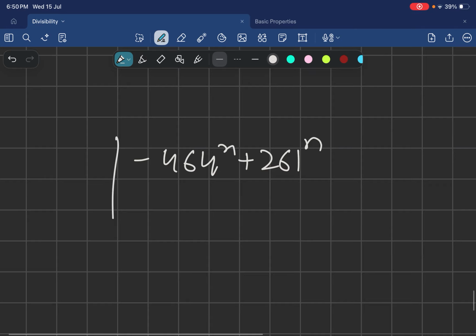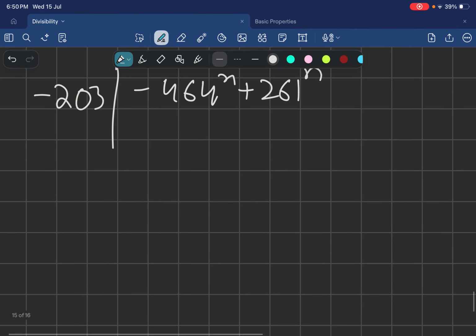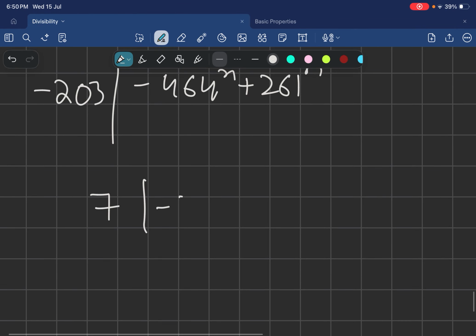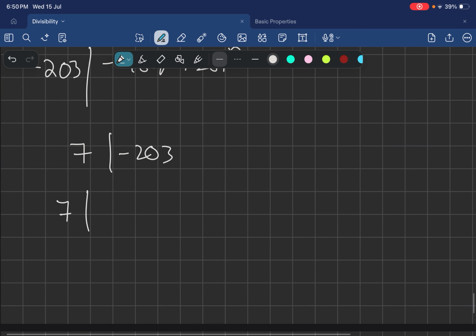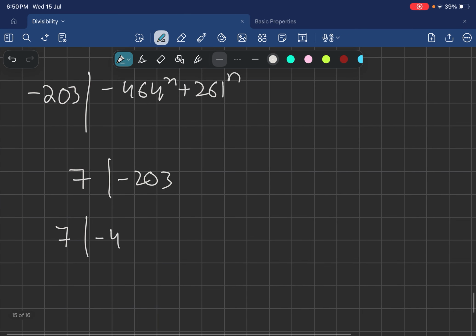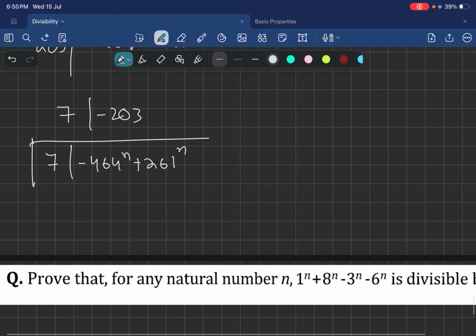Now looking at the remaining terms, we have minus 464 plus 261. 261 minus 464 leaves minus 203. And yes, 7 divides minus 203, therefore 7 also divides minus 464 to the power n plus 261 to the power n.